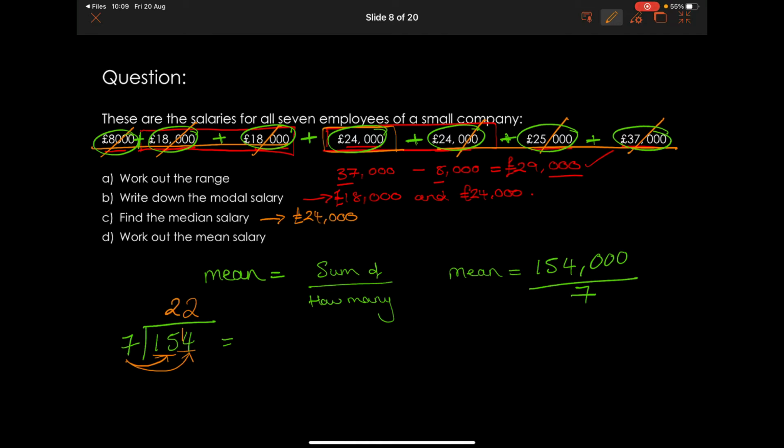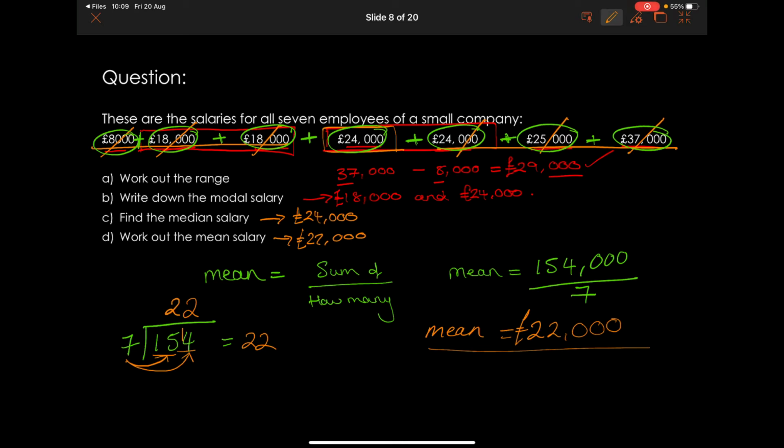So that's 22, and 154,000 divided by 7 is 22,000. But if you want to do that on a calculator, go ahead. So your mean is £22,000. So we'll put that there, 22,000. I hope that makes sense.